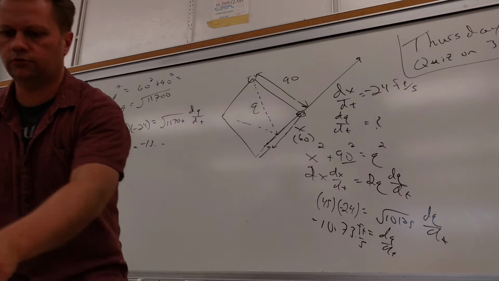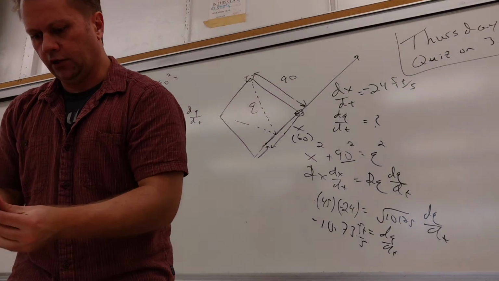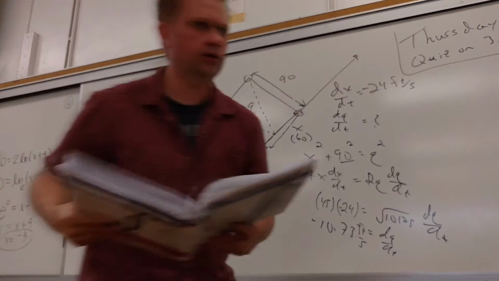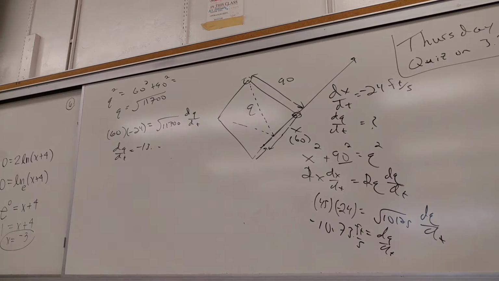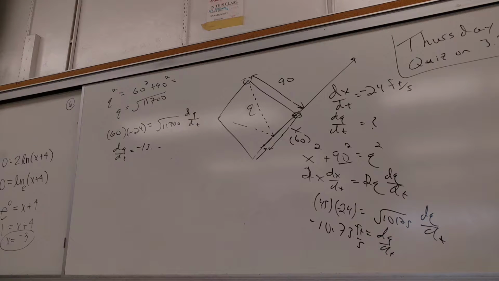Alright, so what I want to do right now is just take a look at some of these right out of the book. So if you don't have any specific problems, I said to go to 26. Here we go. 26.